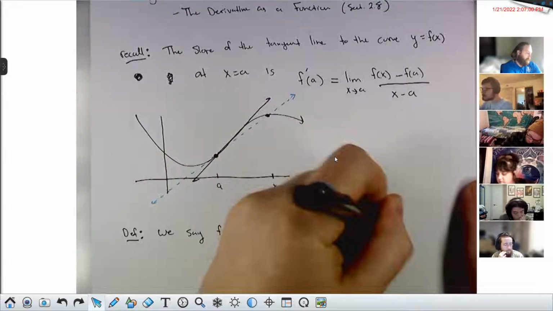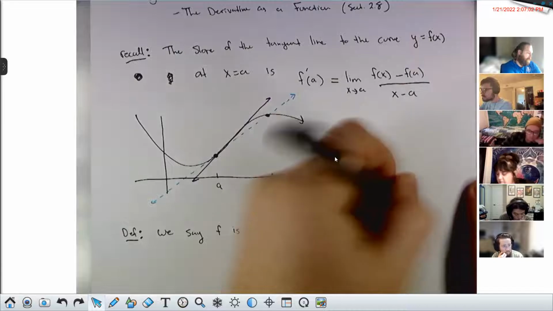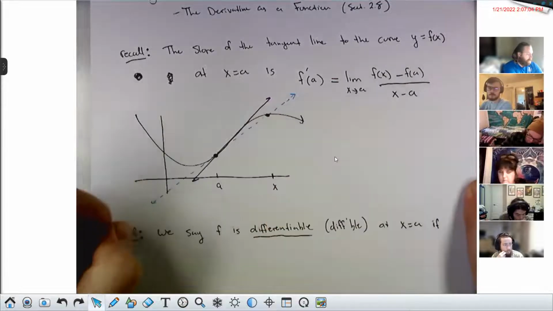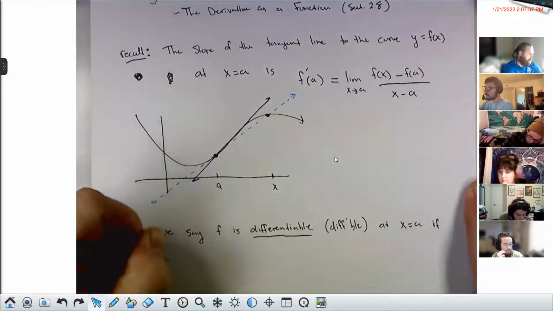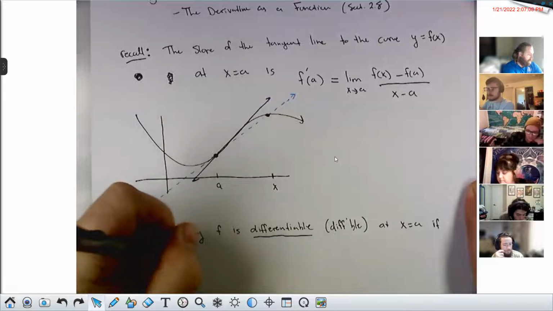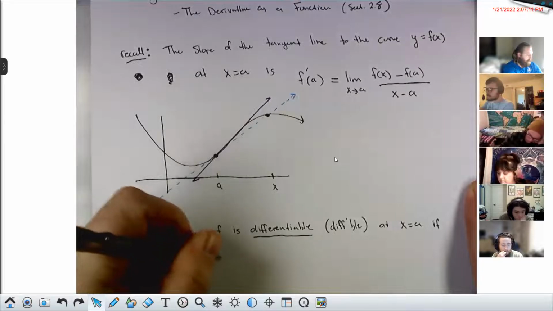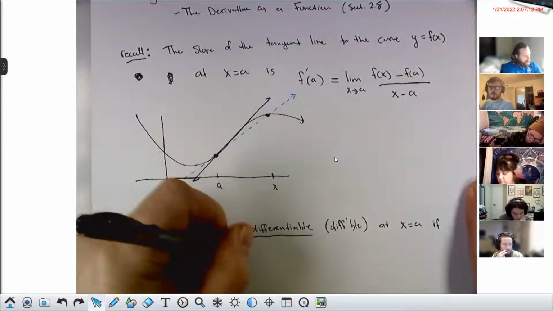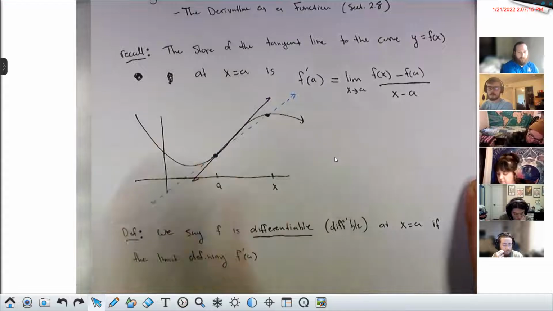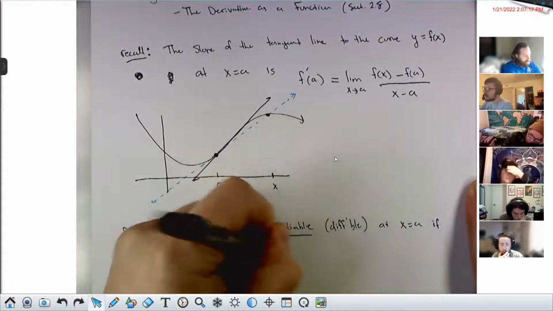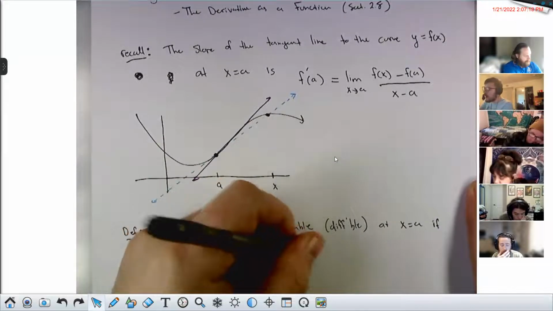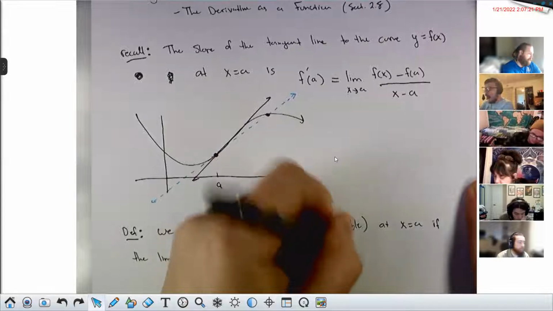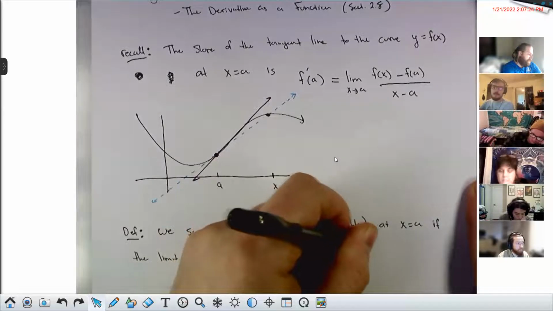at the point x equals a if the limit defining f prime of a, that limit up there, both exists and is finite.